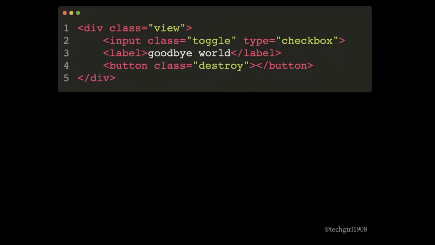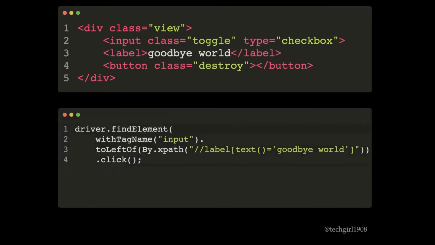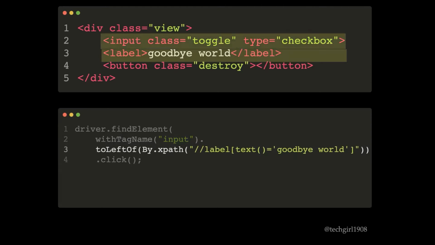Here's the HTML for that Goodbye World label and the radio button input that's next to it. And then here's the code that says, find the element with a tag of input that is to the left of a label with the text, Goodbye World. Okay. All right. So this seems good, pretty straightforward, much easier than the books.